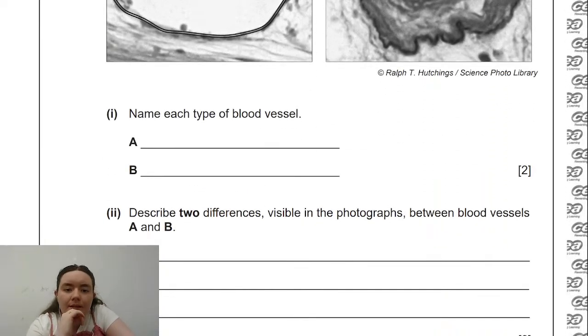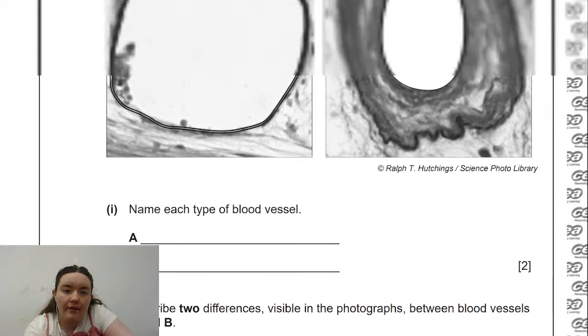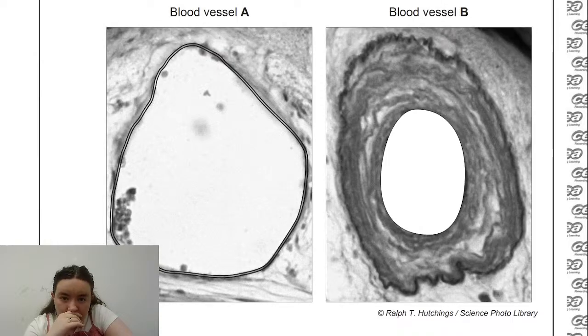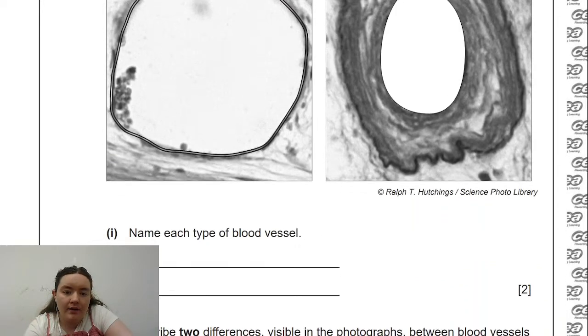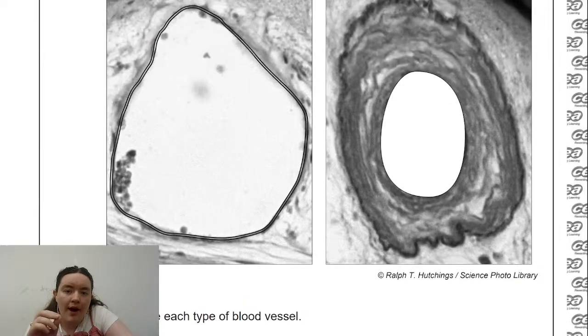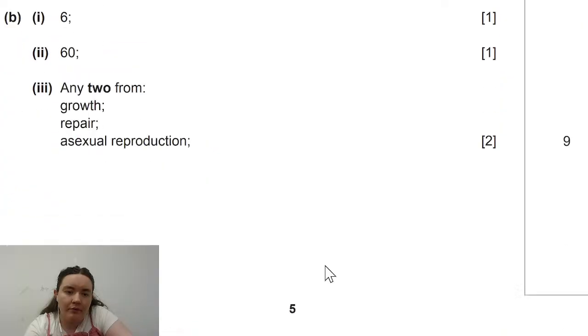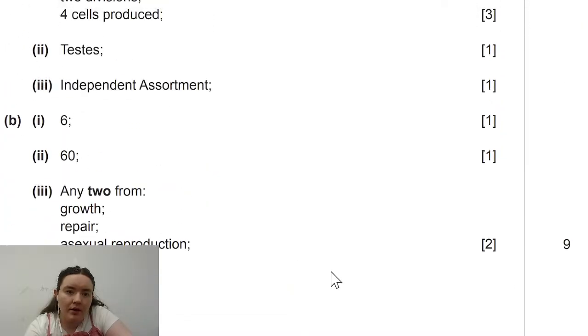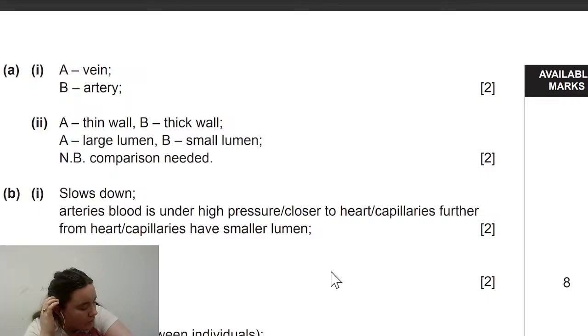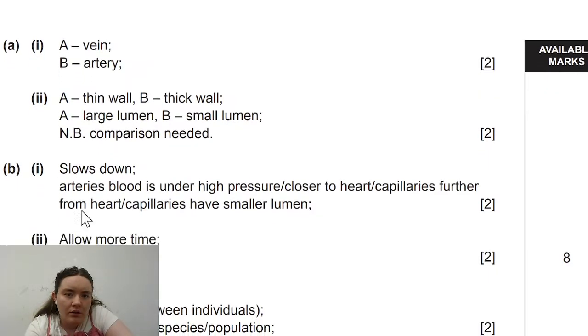Right. So describe two differences visible in the diagram between the vessels. They have obviously got a different width of lumen, and one has more of that muscular structure, which my brain is absolutely refusing to name.